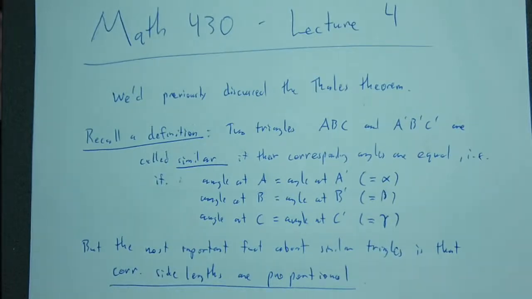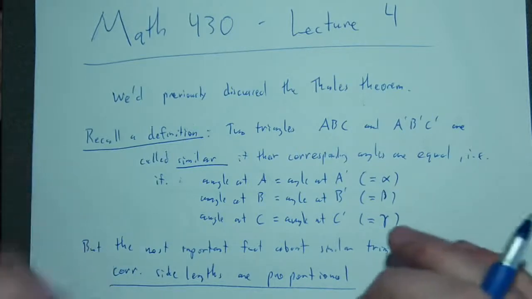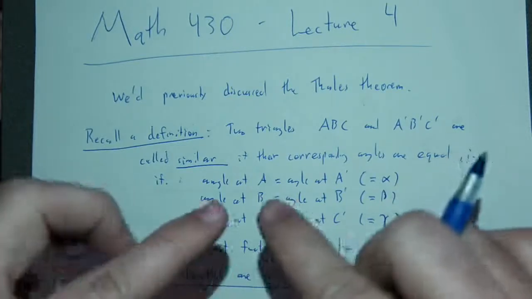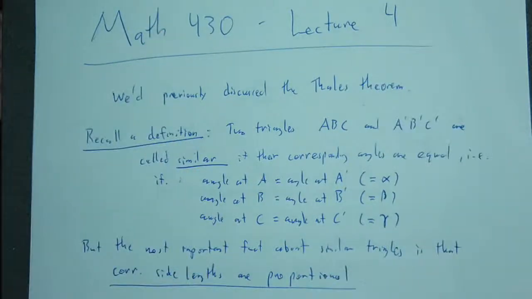So the corresponding side lengths are proportional, meaning that when you have two similar triangles, they are similar in shape. The shape of the triangles is the same, but one or both of them have been scaled from the other by some scale factor, and that scale factor is constant among the sides. We'll talk about that in a second.